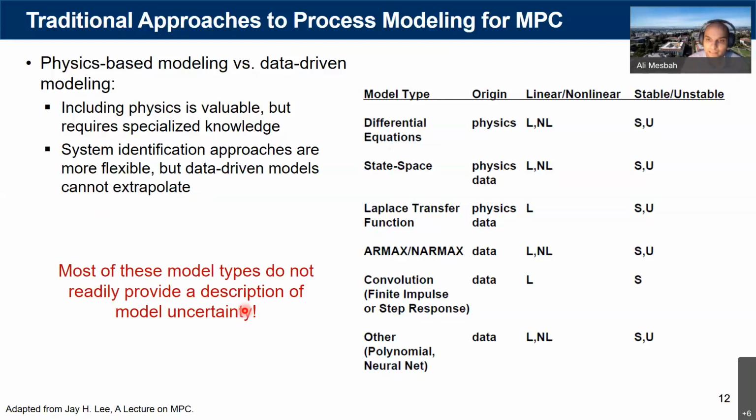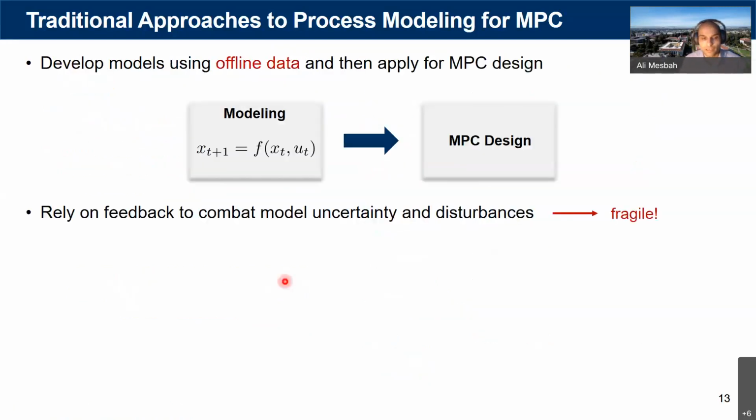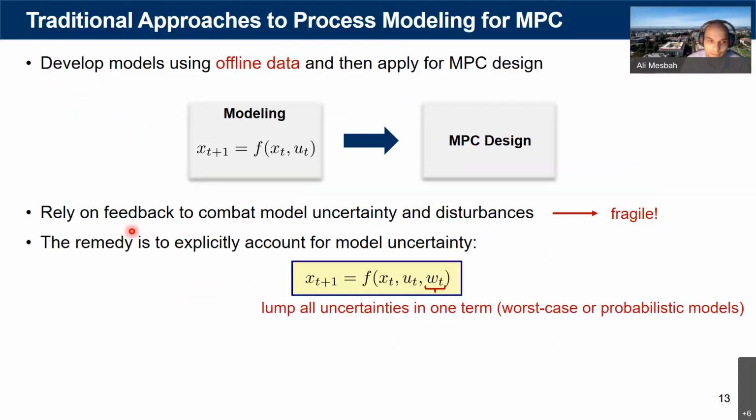So the fact that these traditional modeling approaches disregard uncertainty forces us to only rely on the receding horizon principle, or on the feedback that we have in the controller, to combat uncertainties and disturbances, right? Measurement feedback has this power to partly mitigate uncertainties, but obviously in a very non-systematic way, and therefore your solutions and control approaches can become fragile.